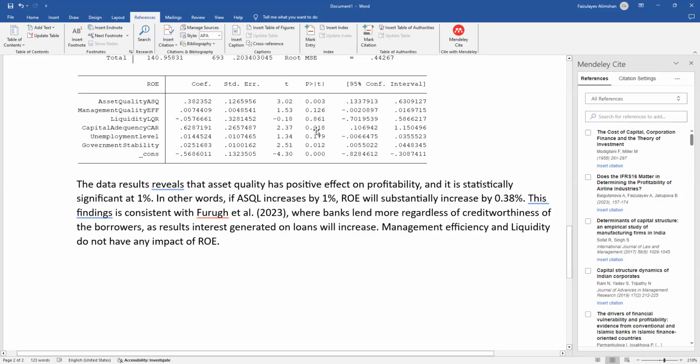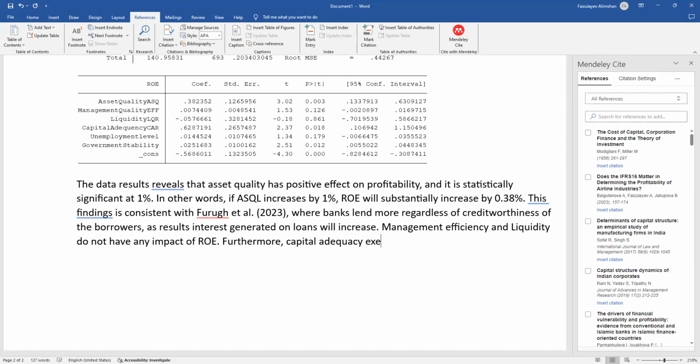Then I move further, like capital adequacy. My capital adequacy has positive. Furthermore, I will abbreviate.